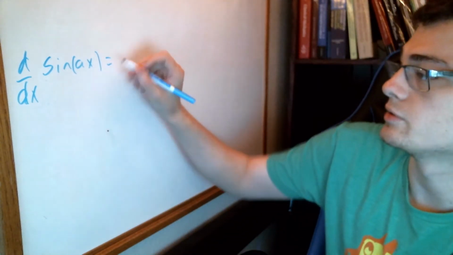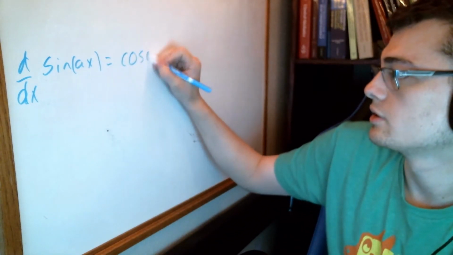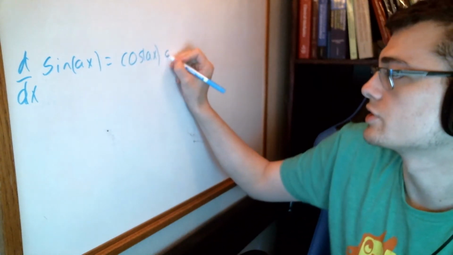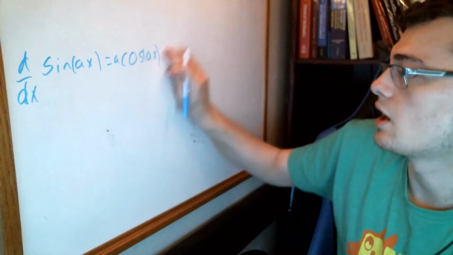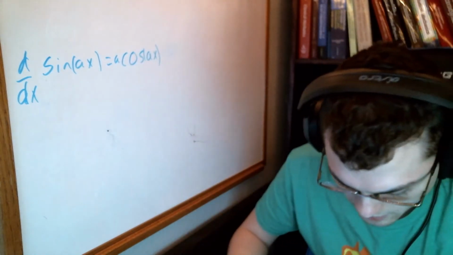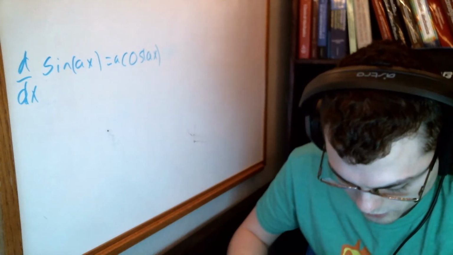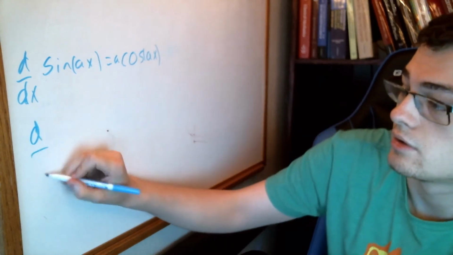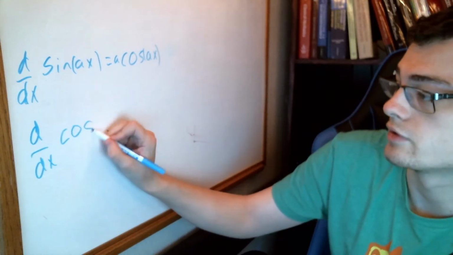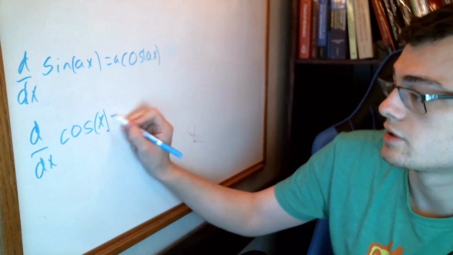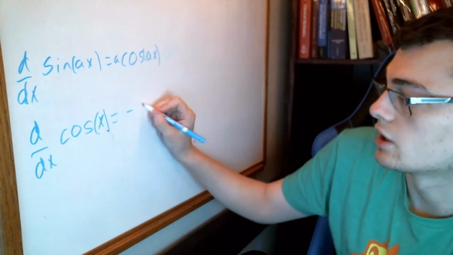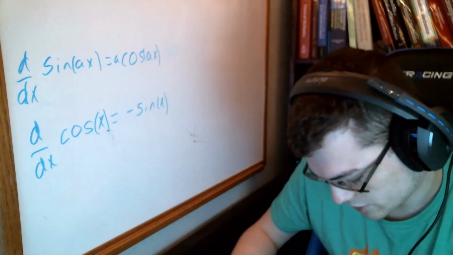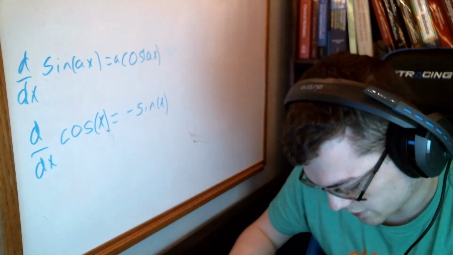And so derivative of the outside function is cosine ax times the derivative of the inside function, which is just equal to a. So this will give us a cosine ax. So we've handled the chain rule here as well as cosine. Now, if you're taking the derivative of cosine, then the derivative of cosine of x is going to be equal to negative sine of x. And then the other ones are not too common in this class.